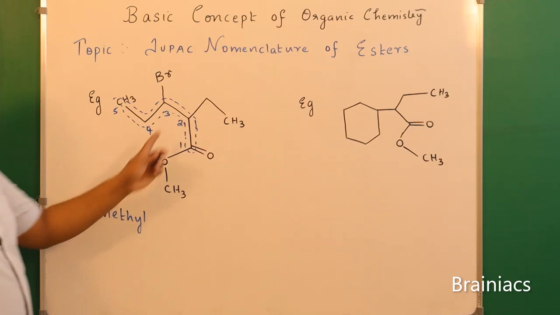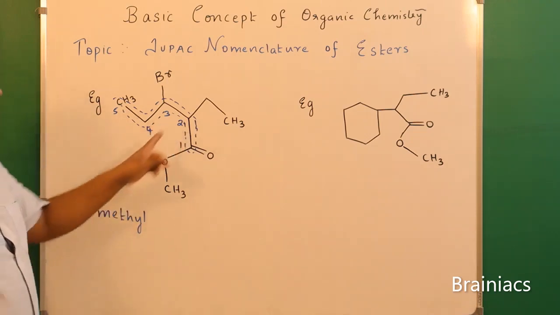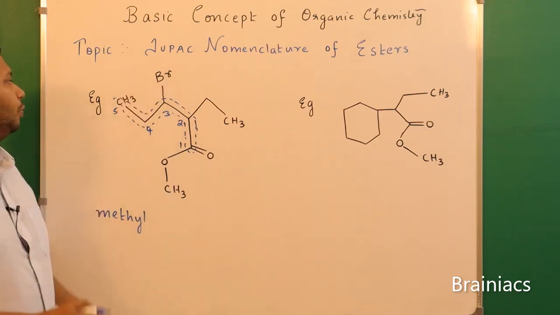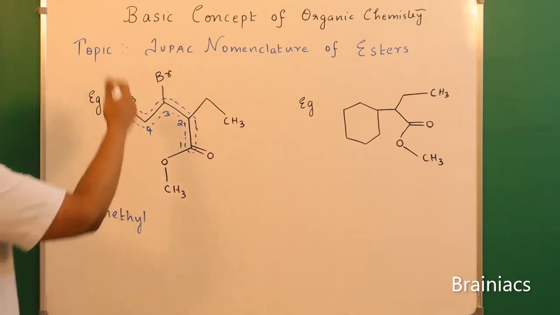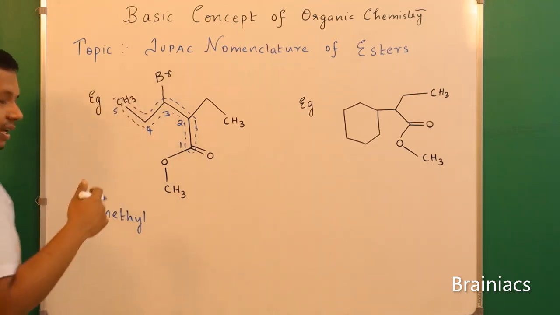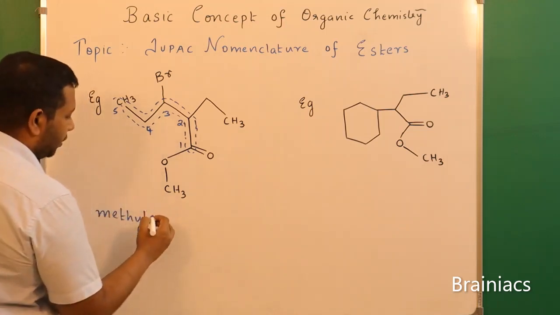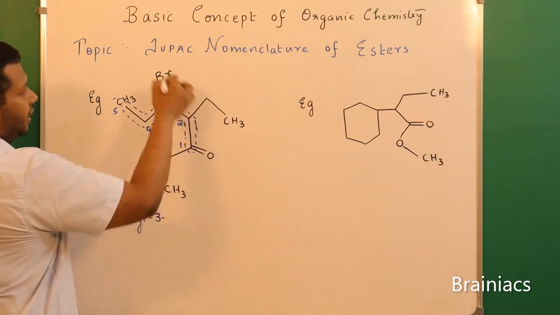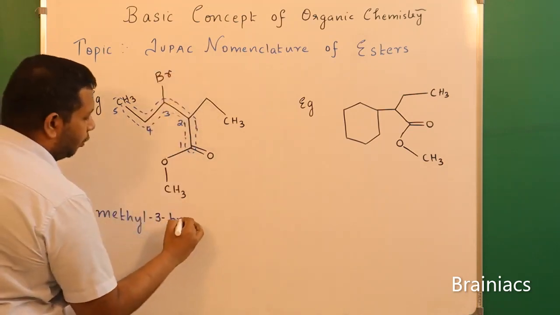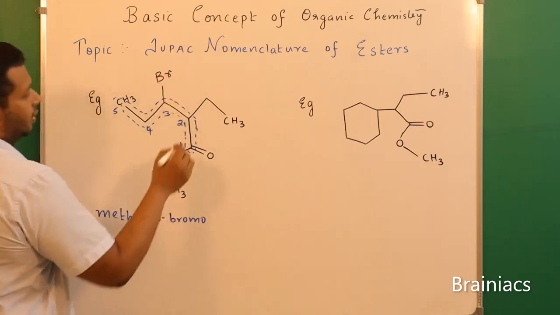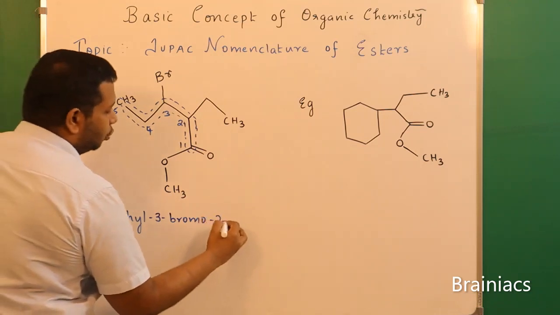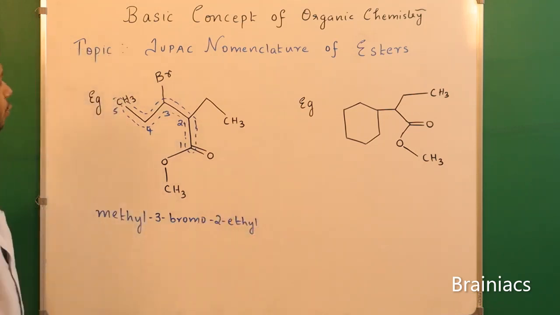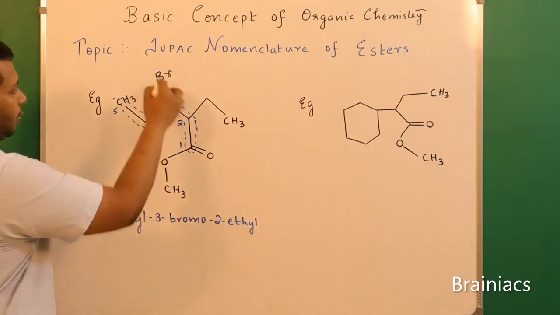Now tell me, where are the 2 degree prefixes located? At position 2 there is an ethyl group, and at position 3 there is a bromo group. So who will come first? Bromo comes first alphabetically. So methyl, then 3-bromo, 2-ethyl.